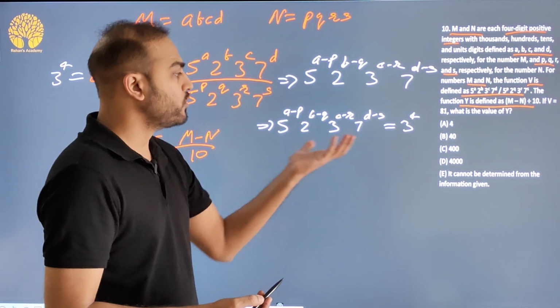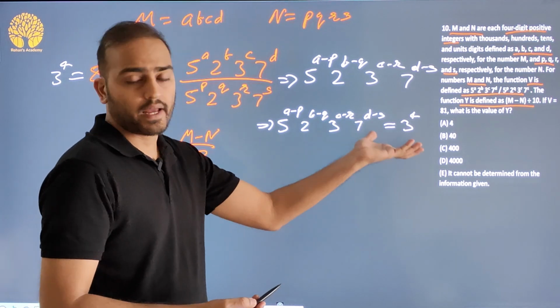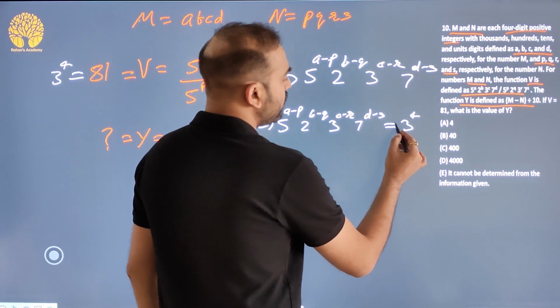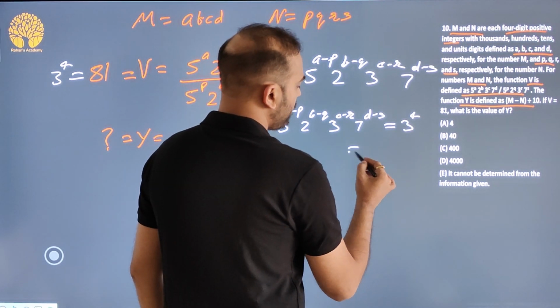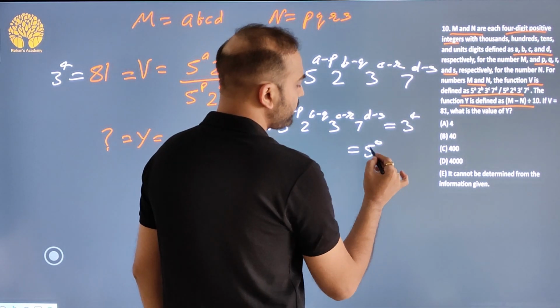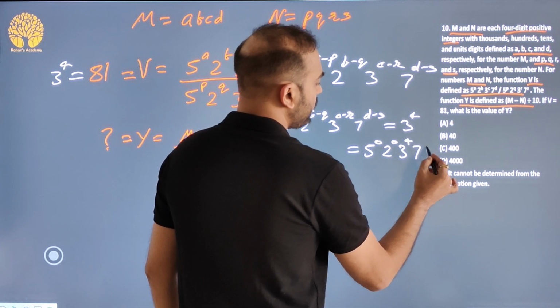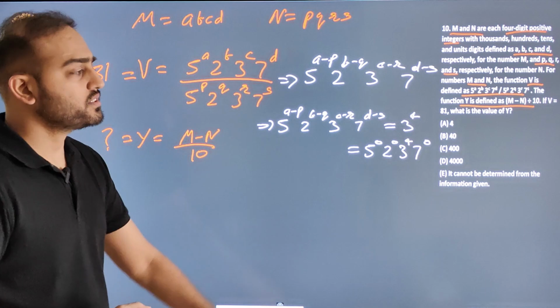Now what can we do? We can only equate bases or powers, right? This 3 power 4, I will write it as 5 power 0, 2 power 0, 3 power 4 and 7 power 0, because there is no 5 there.